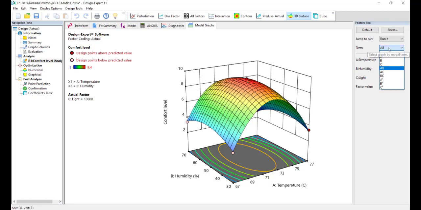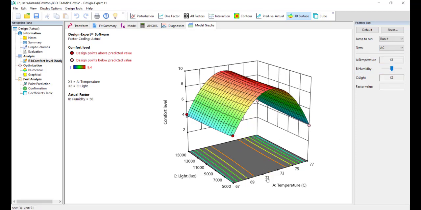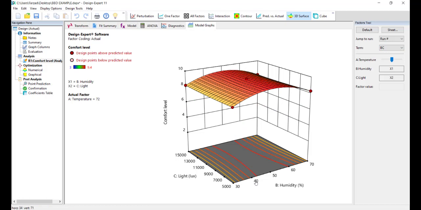We can have this graph for temperature and light. You can see again temperature is the main effective parameter. We can have it as well for the humidity and light, to see how it is effective. But if you notice, for this case, where we have three factors, we cannot find the optimum point by this 3D graph.